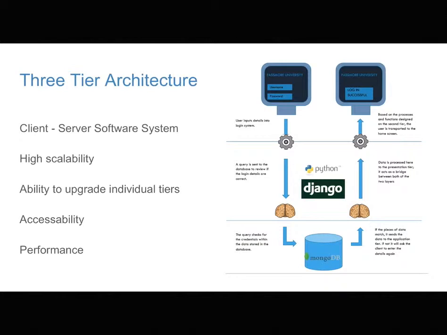For example, it's highly scalable, as tiers can be individually upgraded and updated. Also, there's separate access to all the different tiers, which can have multiple benefits. And lastly, it can also have performance benefits. For example, the presentation tier can cache requests without necessarily the data tier or application tier working.